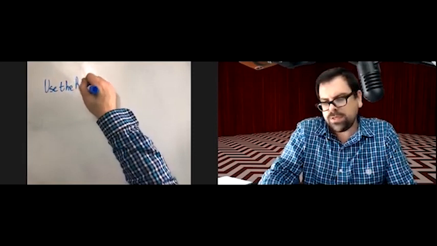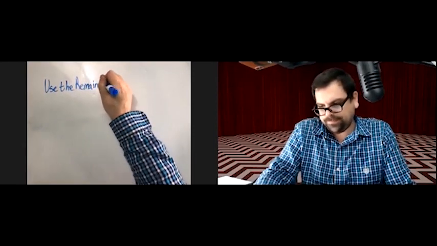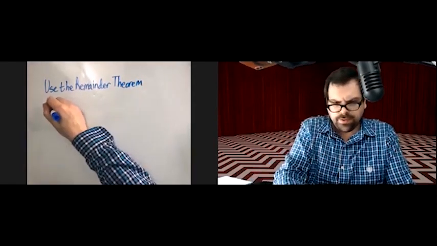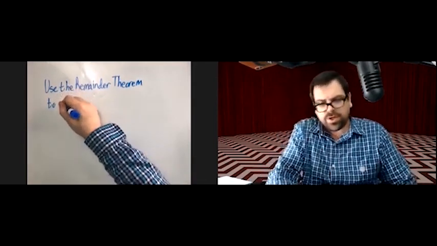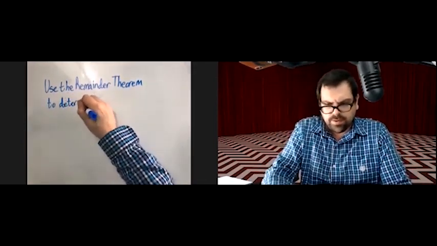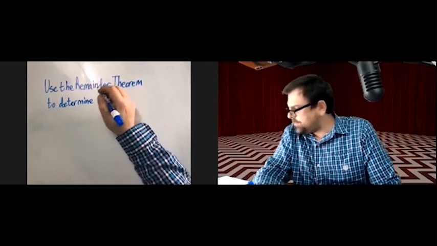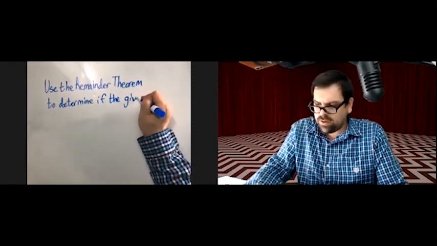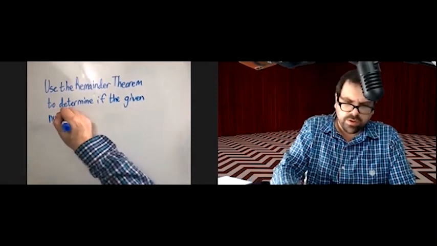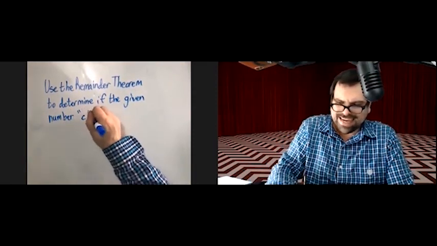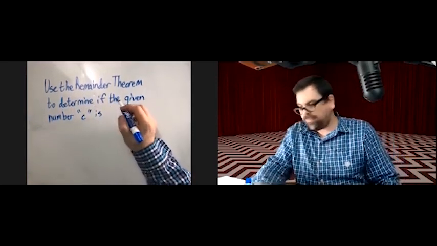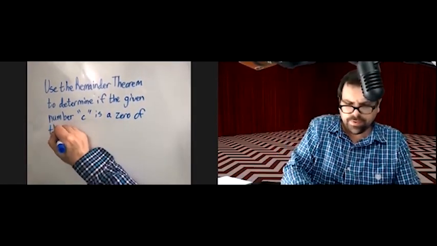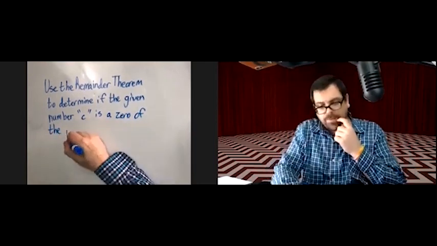Let's use the remainder theorem to determine if the given number c is a zero of the polynomial.